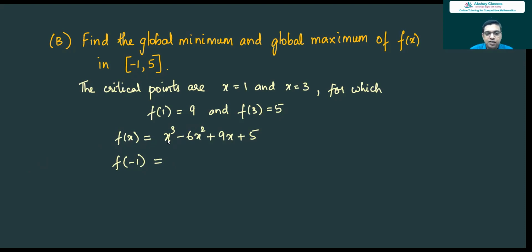F of minus 1 is minus 1 whole cube, which is minus 1, minus 6 into minus 1 whole square, that will be 1, plus 9 into minus 1, plus 5. So we get minus 16 plus 5, which is minus 11.